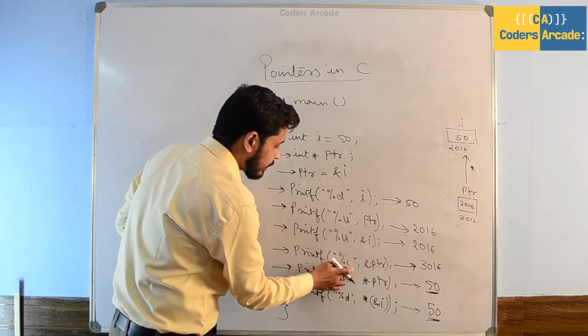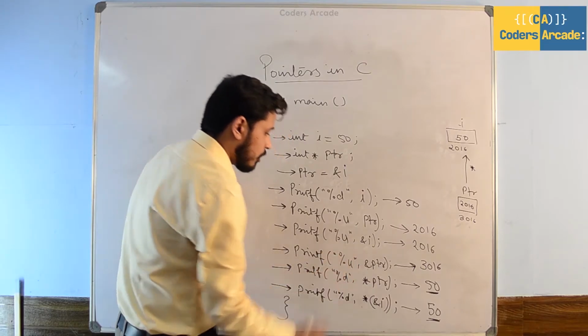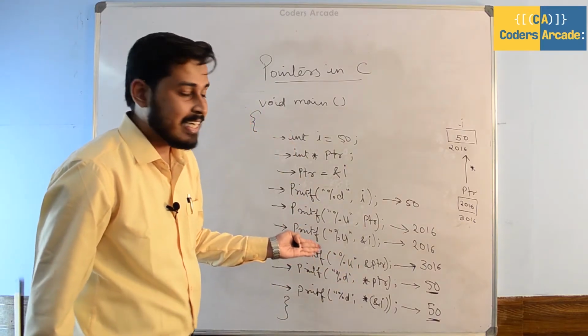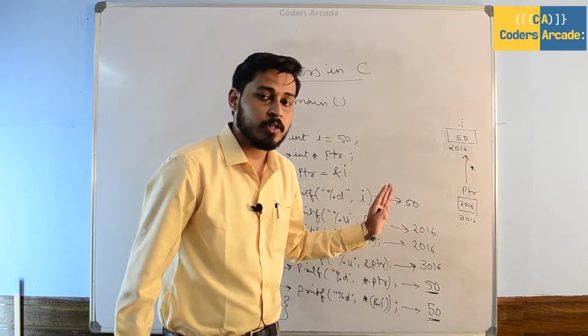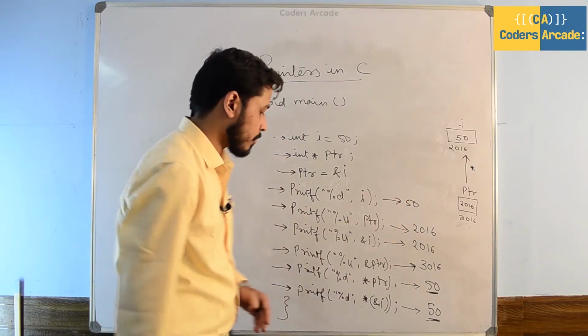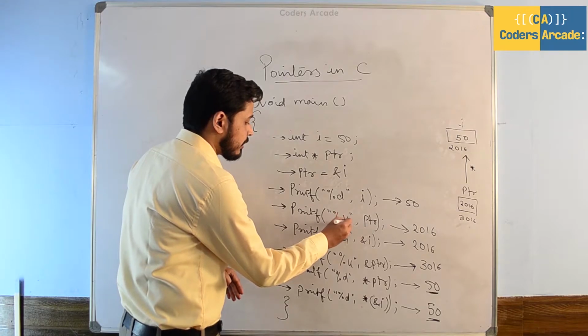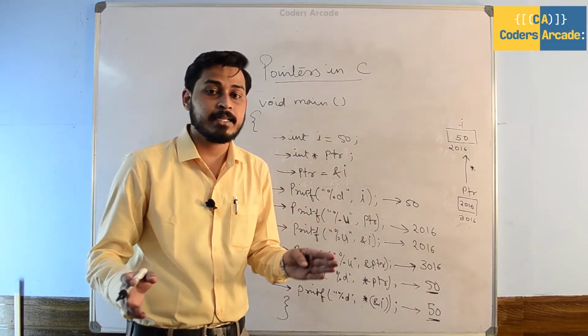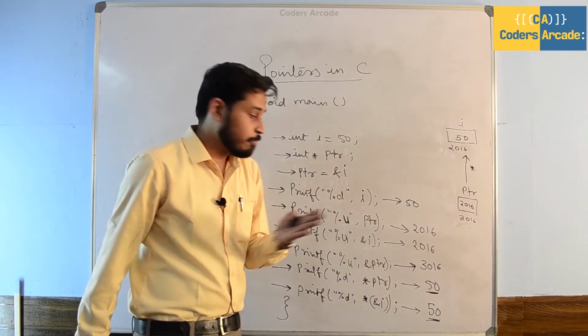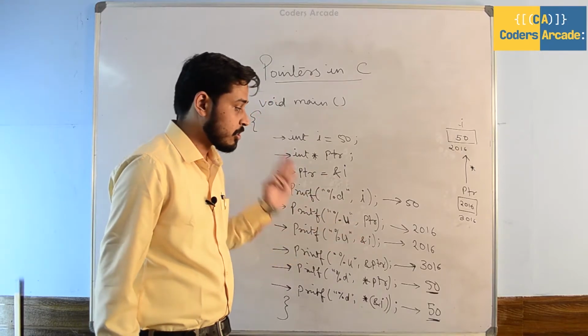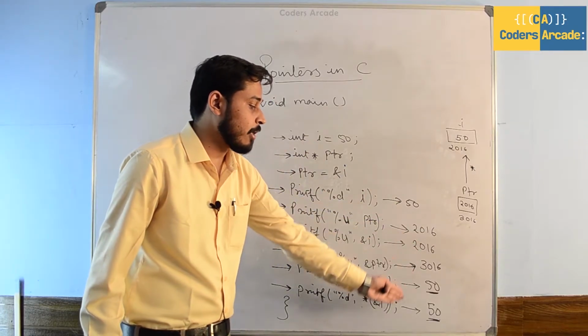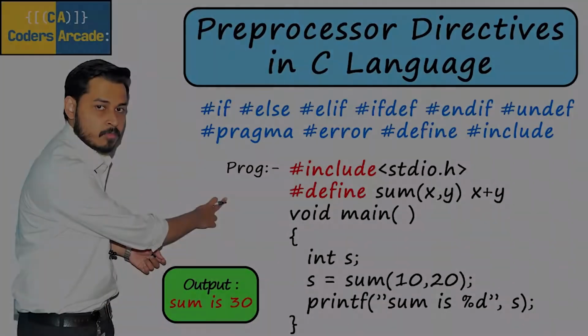Here also %u, to make sure that our address will always be a positive value. So what is this %u? %u means unsigned. So this is going to return only positive values for all the addresses right here.